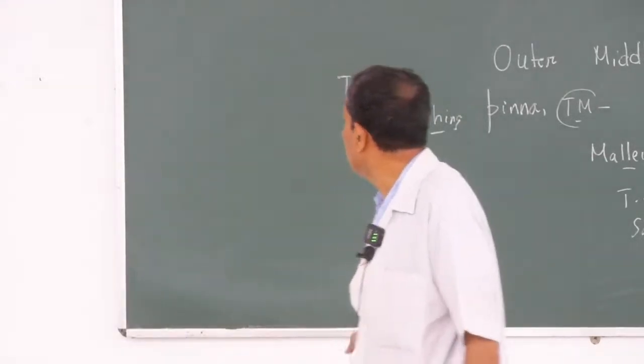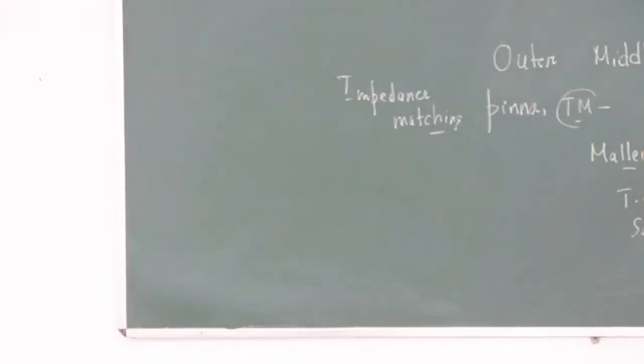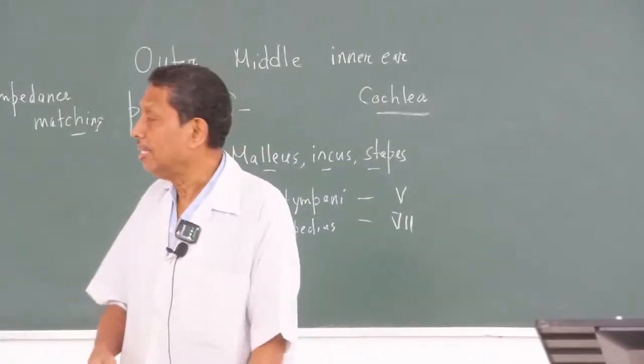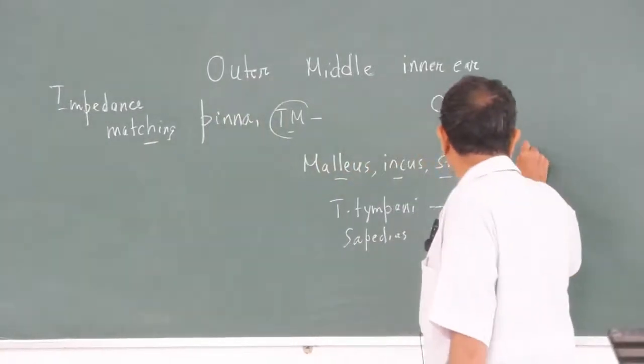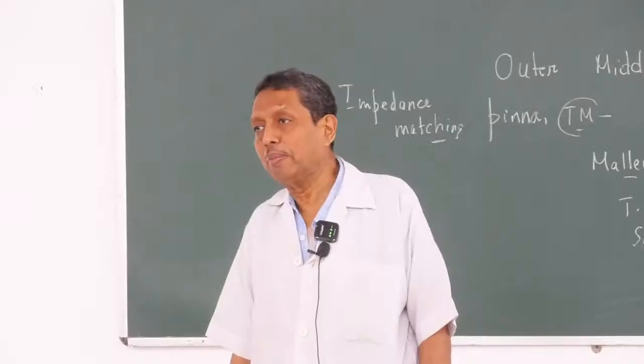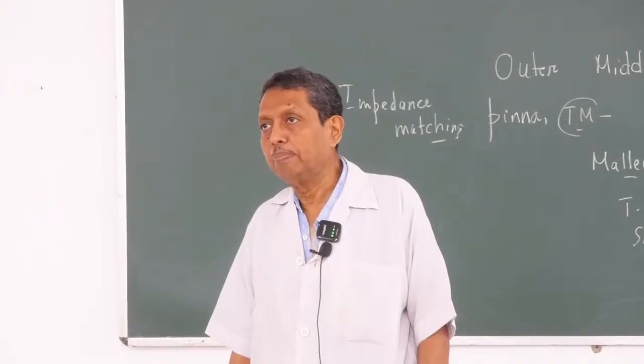And this malleus, incus, and stapes form a lever system. So there is the gain of 1.3 at the tympanic membrane.